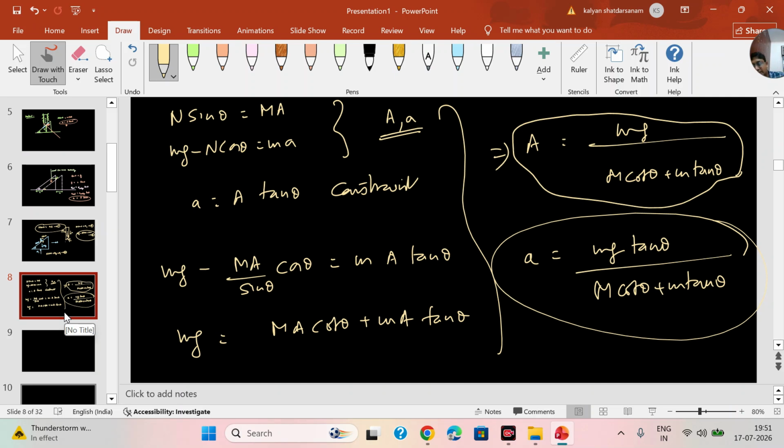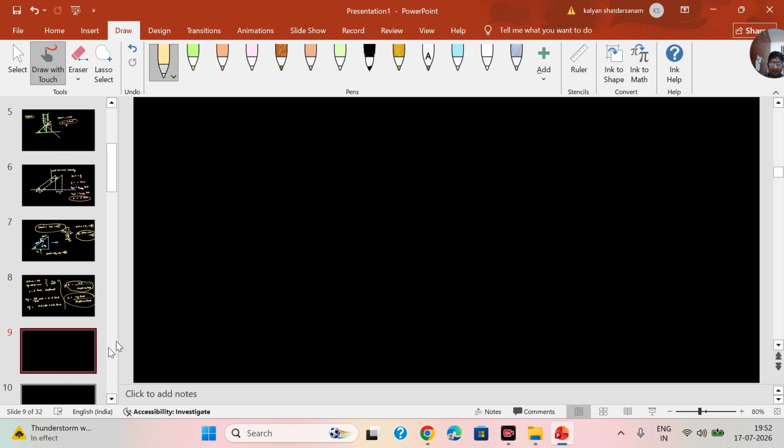Okay, now let's do another question where I will only develop the constraint. I am not solving the complete problem. I'll only develop the constraint. What is it? Suppose I have one wedge like this. We draw it. This is the ground. Something like that.